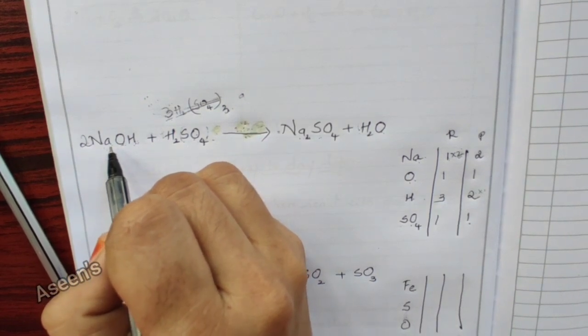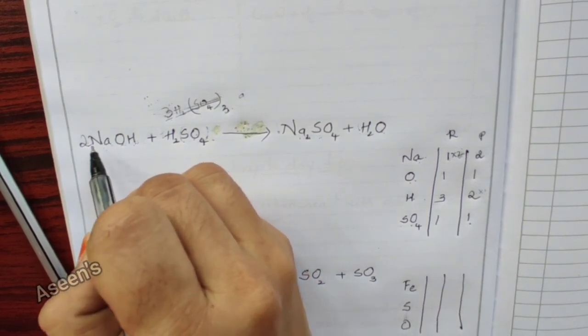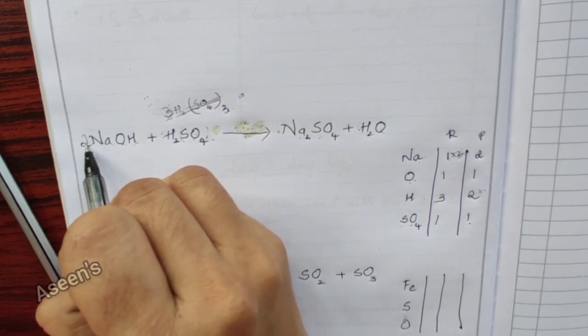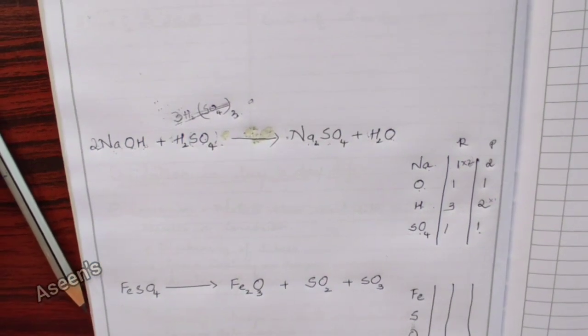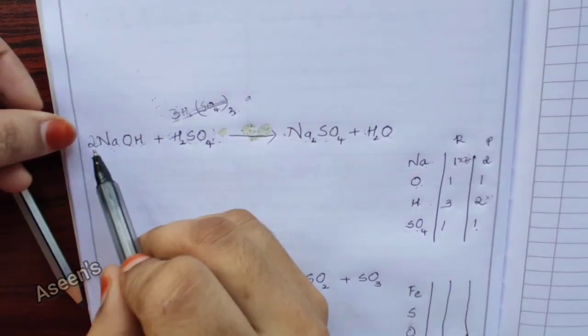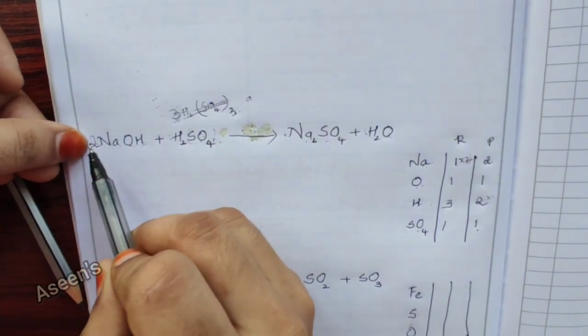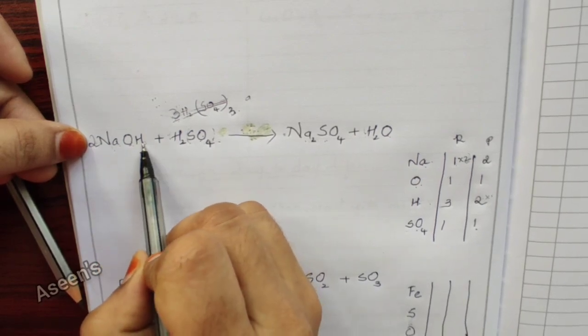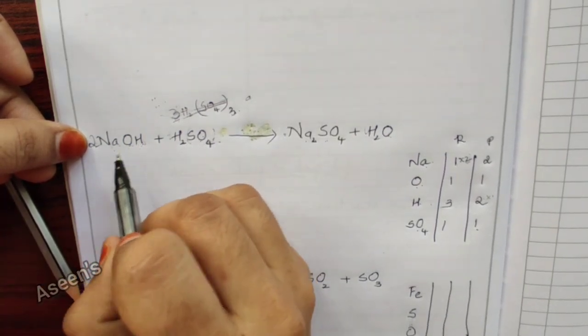No exponents. Whatever numbers we are putting for balancing, it's always before the element. So here it becomes 2. Now if you see, this 2 is for sodium, this 2 is for oxygen, and this 2 is for hydrogen as well. So now everything has changed.